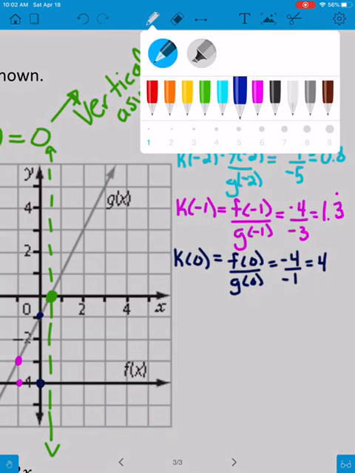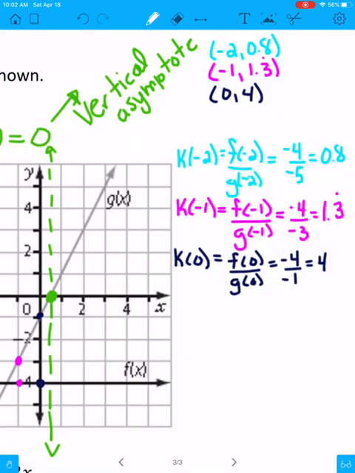And then I can do k of 1 equals f of 1 over g of 1. F of 1 is negative 4. G of 1 is 1. So it's negative 4. So I have a coordinate at 1 and negative 4.